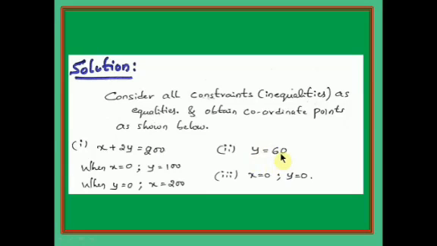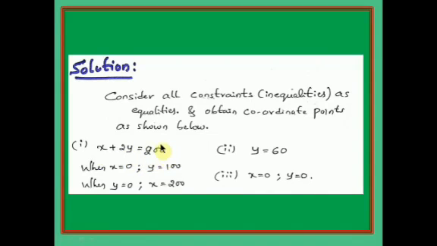In terms of calculating the sets of values using the first constraint, when x equal to 0, what will be the y value? When x equal to 0, this term goes to 0. Only 2y is equal to 200 remains. At that time, y is equal to 200 divided by 2.